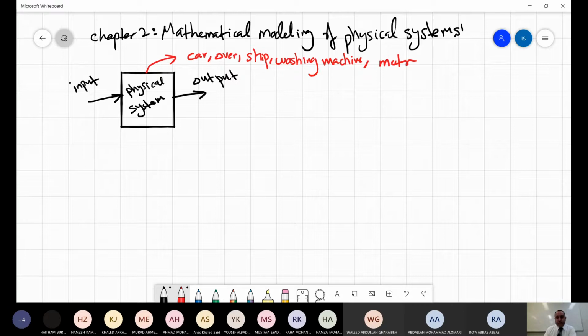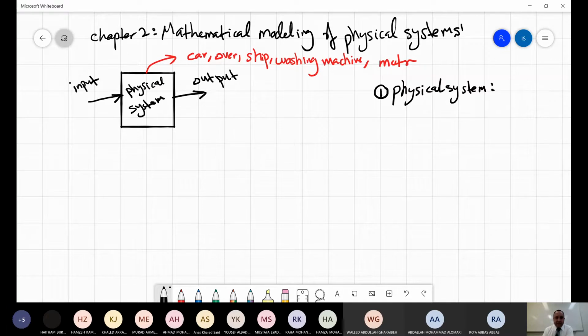Now, in general, if we need a mathematical model of the physical system, the first thing we should do is understand the physical system itself. Which means what?